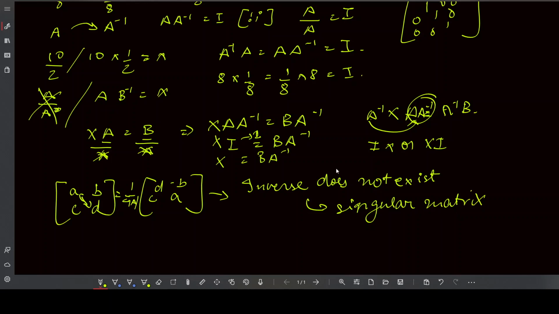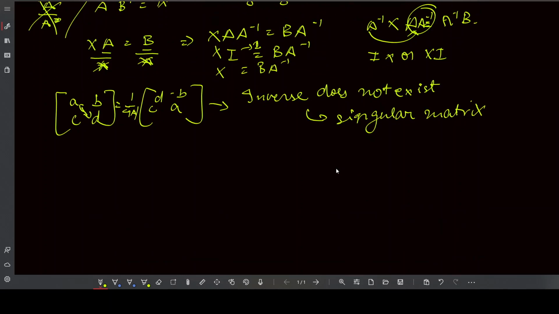Not every matrix has an inverse. And if you want to find the inverse of a 3 by 3 matrix A, B, C, D, E, F, G, H, I, then you have to follow a few steps. In 3 by 3, it's not as simple as calculating the 2 by 2 inverse.